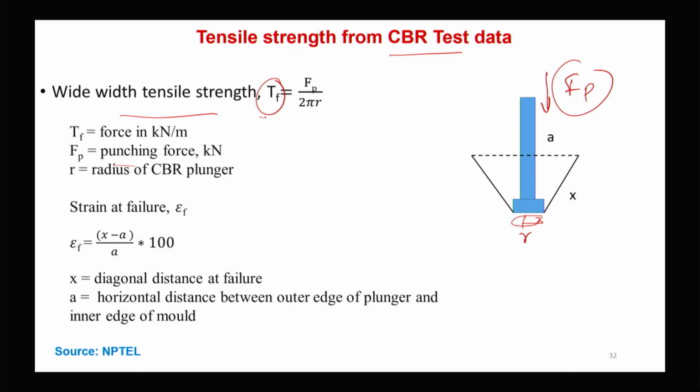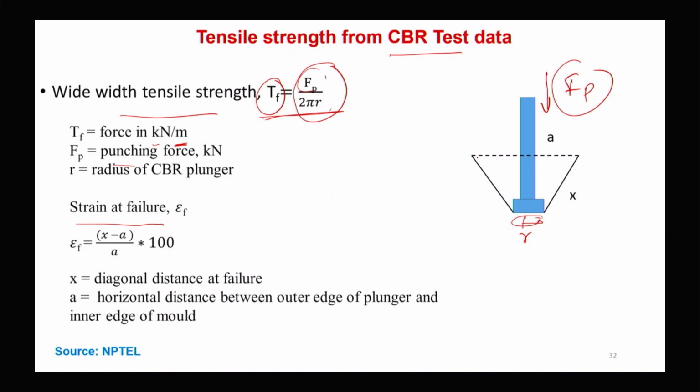From there we can calculate the tensile force applied on the textile material, the geotextile. So it is FP by 2 pi R. This is the tensile strength, in kilonewton per meter.